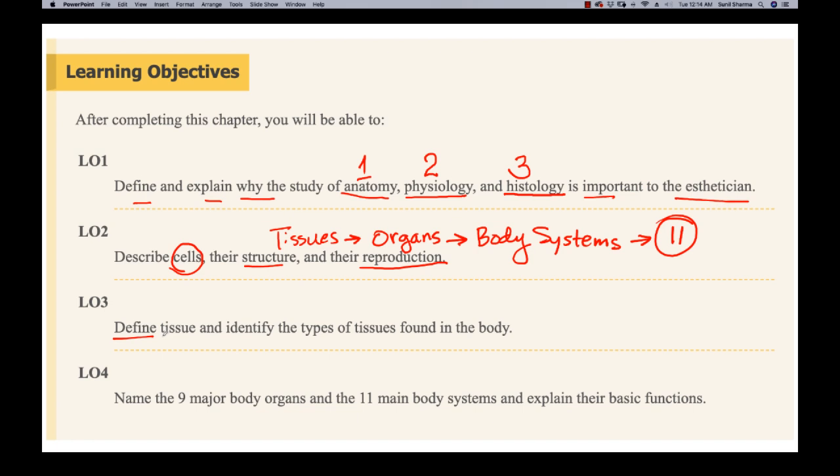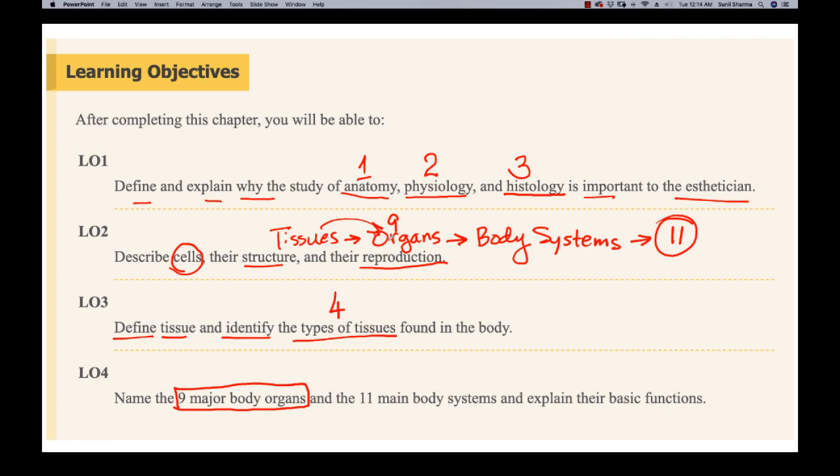Define tissue and identify the types of tissue found in the body. There are 4 types that we will be looking at as we get into the tissue area. Name the 9 major body organs. We did talk about tissues forming organs. There are about 9 that are major.